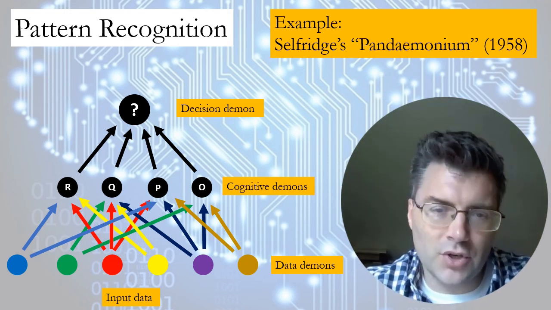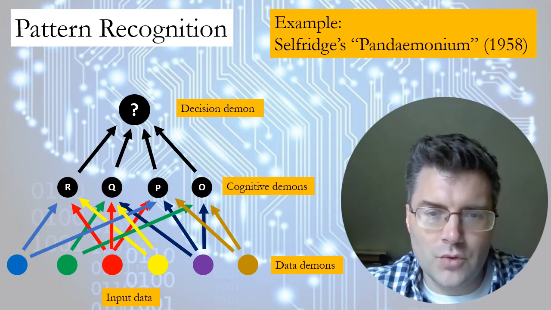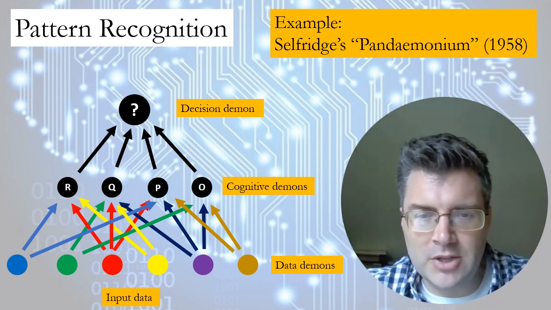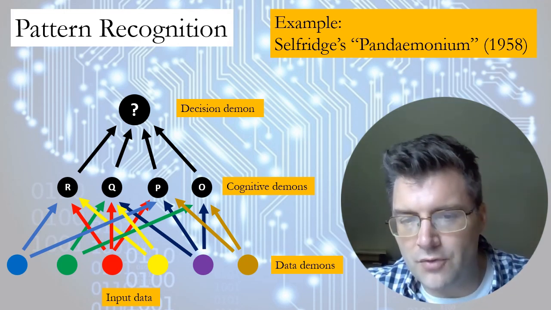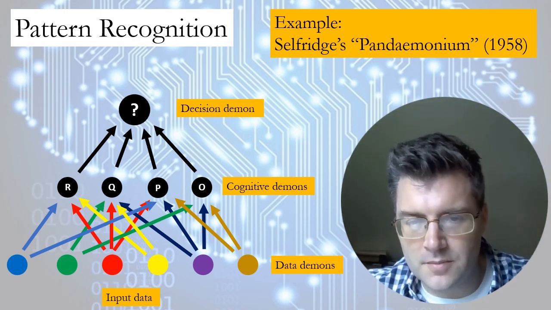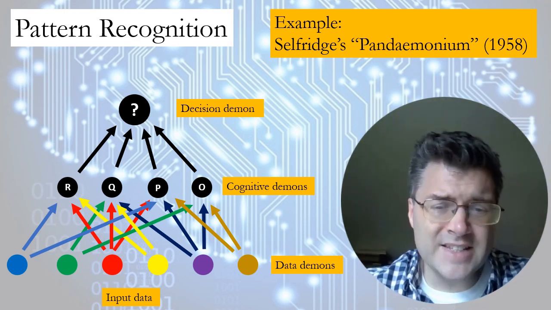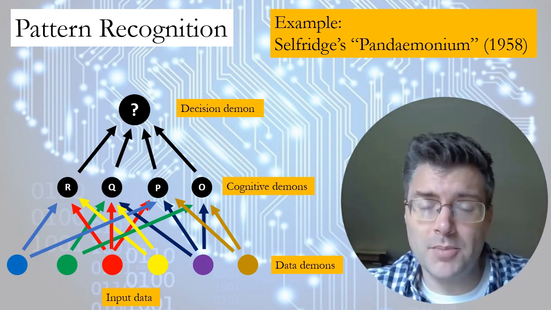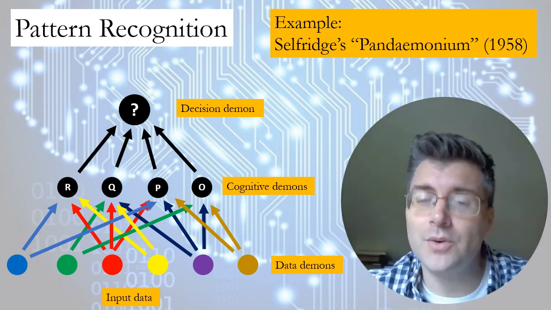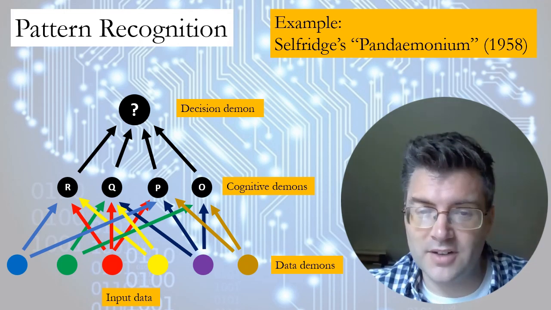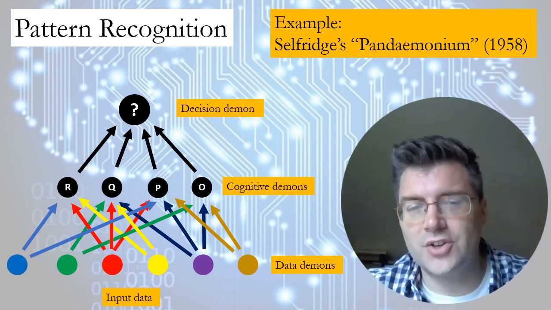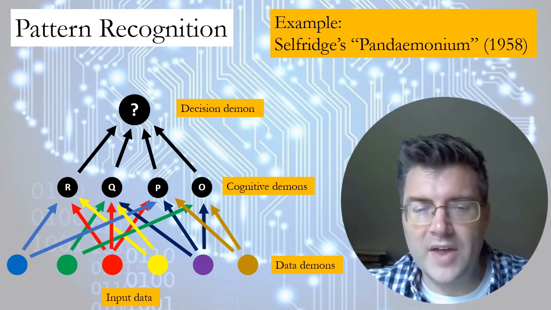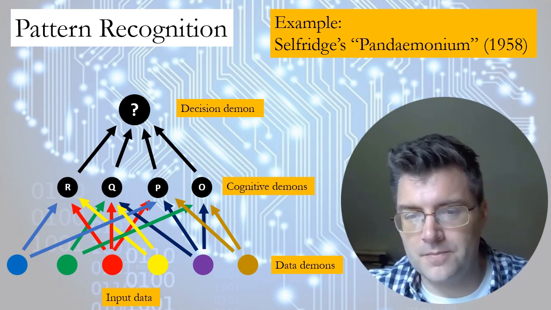So the data demons are looking for a particular thing. The green demon may be looking for a circle, and the blue demon is looking for a vertical line. And they send messages up. They sort of call out and say, hey, we got one here, to particular middle-level managers, particular cognitive demons, when they are noticing that feature.